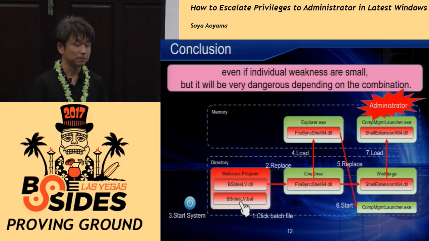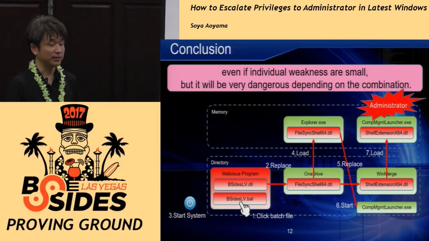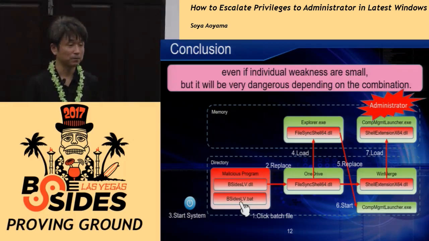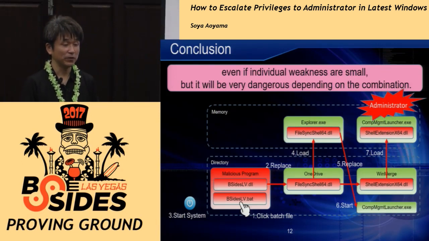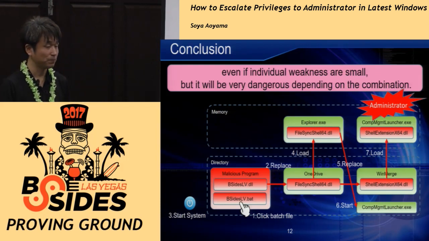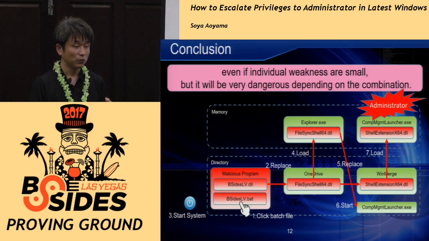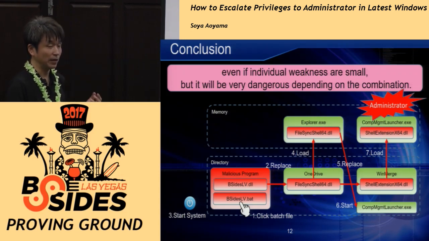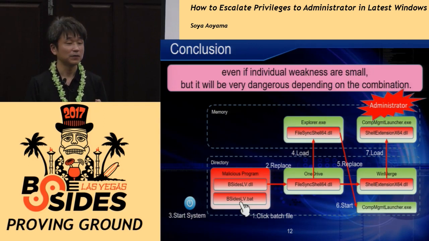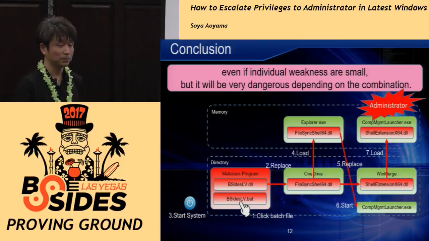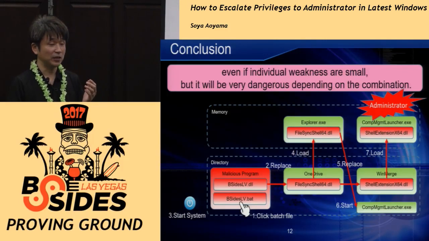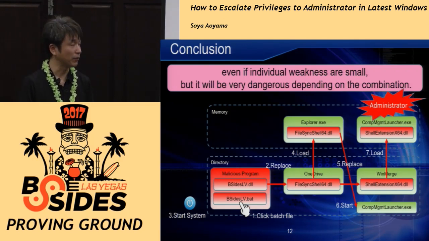In conclusion, I'd like to recognize that even if individual weaknesses are small, it will be very dangerous depending on combination. When the batch file is clicked, OneDrive DLL file is replaced malicious one. When the system is started, Explorer loads malicious DLL.